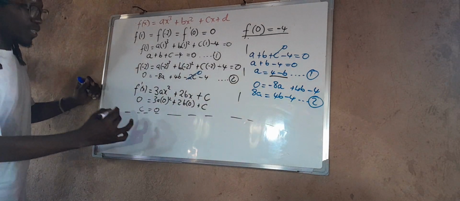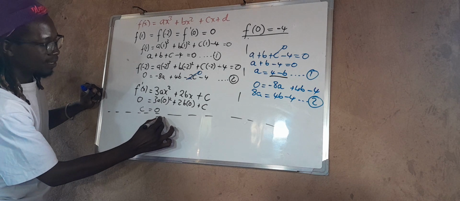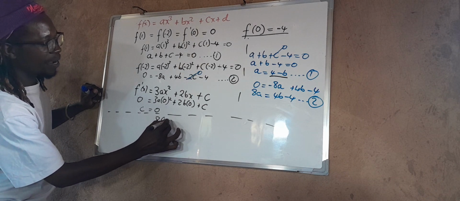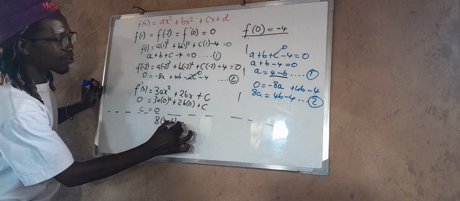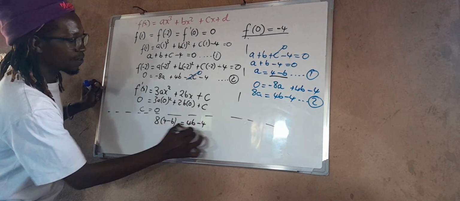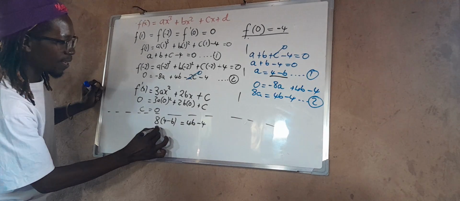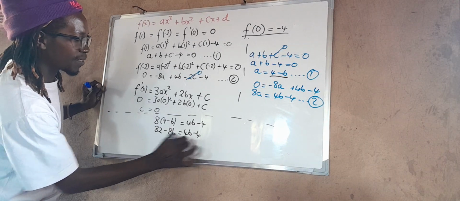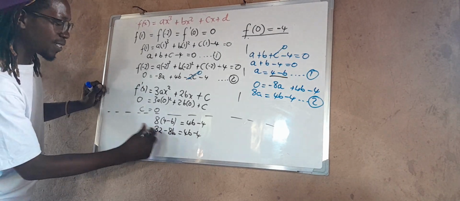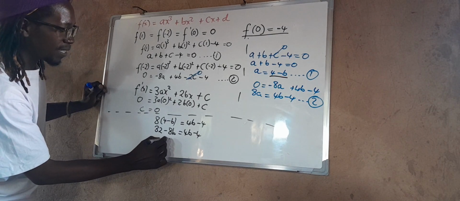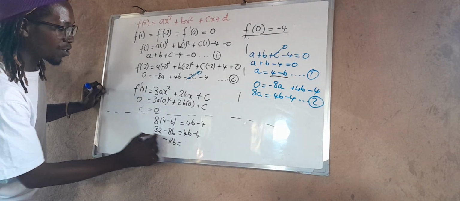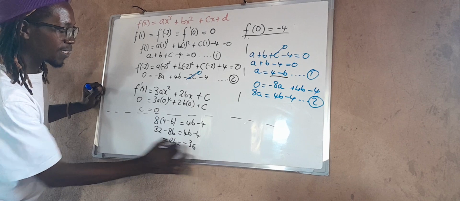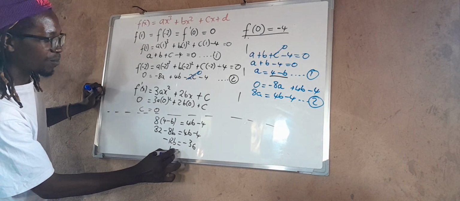So this becomes 8 times (4 minus b) is equal to 4b minus 4. This becomes 32 minus 8b is equal to 4b minus 4. If we take this side, it becomes negative 12b is equal to negative 36.